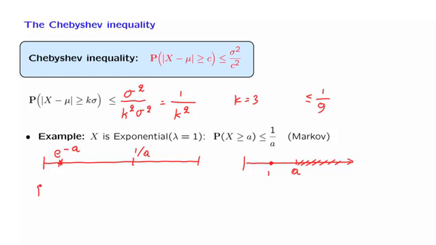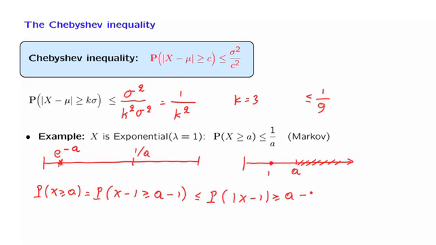That is, we write the probability that x is larger than or equal to a as the probability that the distance of x from the mean is larger than or equal to a minus 1. And now, this event is smaller than the event that the absolute value of x minus 1 is larger than a minus 1.